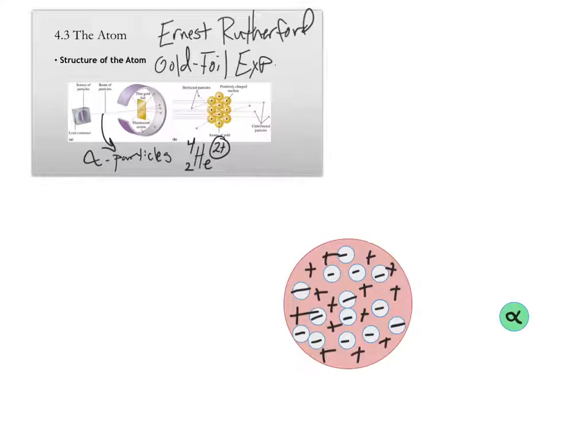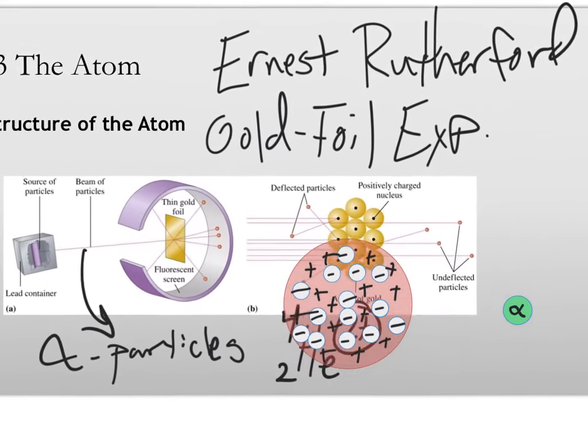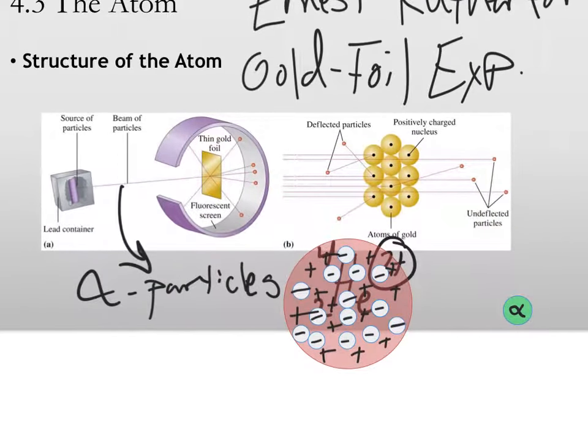But obviously this is not what happened. If you look at the picture here, Rutherford noticed that most of the alpha particles did pass through the gold foil, but a few of them actually deflected backwards in very large angles. So he reasoned that the only way this could be possible, if this positively charged alpha particle were to come into contact with the atom, would it go backwards?